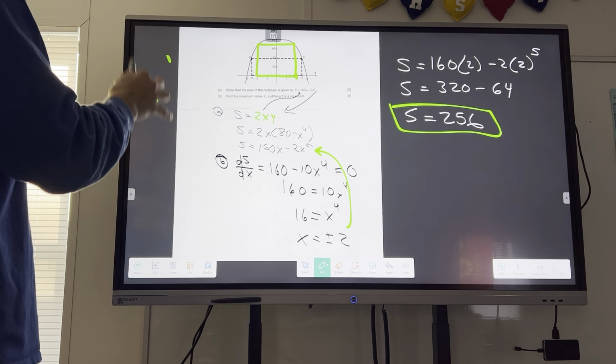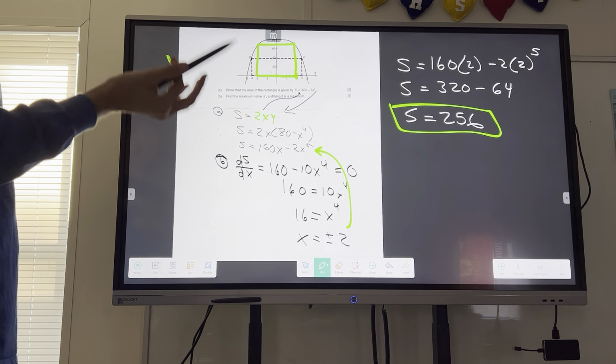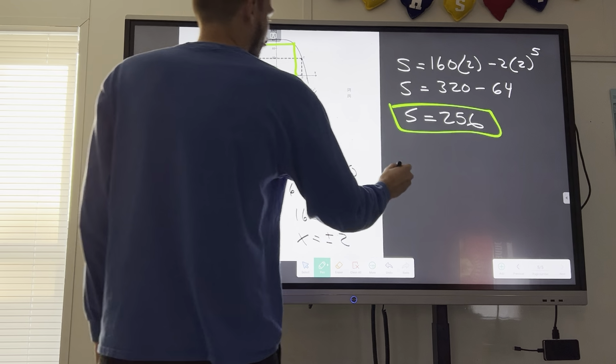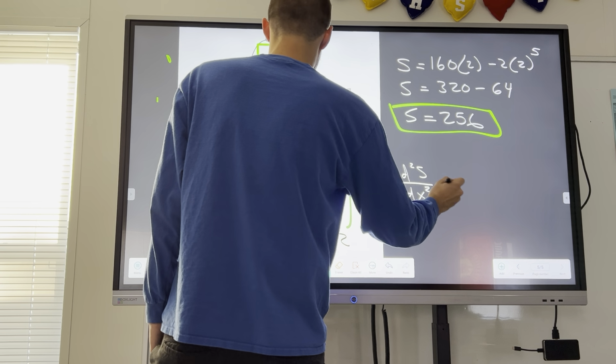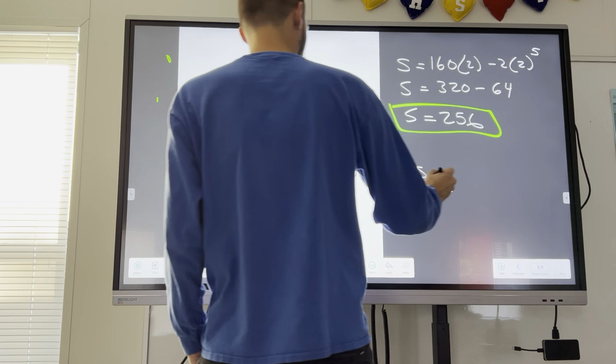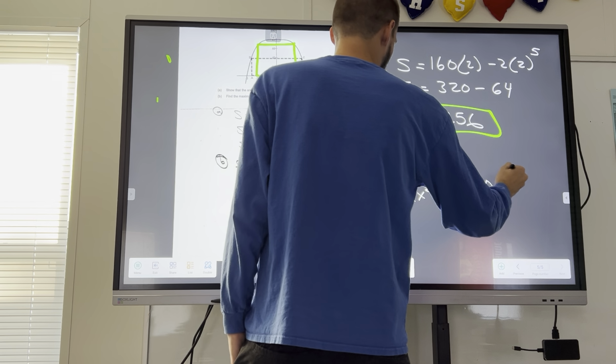Is that a maximum or a minimum? Let's take the second derivative and see if we're concave up or concave down. The second derivative of S with respect to x is equal to, well, that's easy. The 160 is going to go away. Negative 40x cubed.